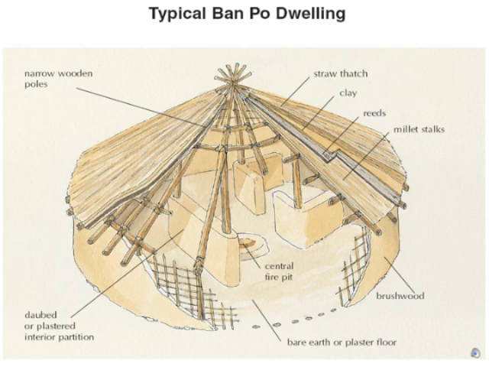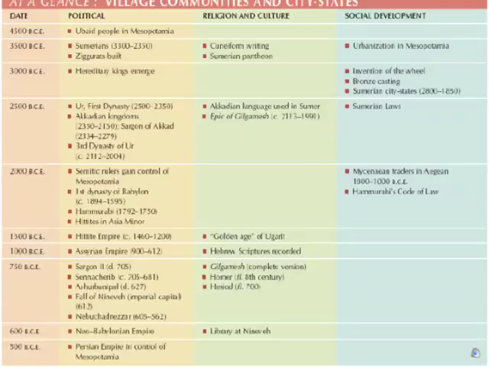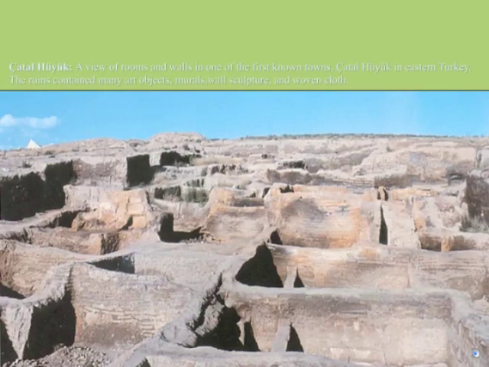All right, and here's your typical Banpo dwelling. Here's a good chart that you guys can look at. Again, I'm going to keep moving on to save time, but you can look at the development of these cities, regions, political structure, and social development. This is an image of Catalhuyuk. Sorry, that's Harappan, which is a couple slides later.